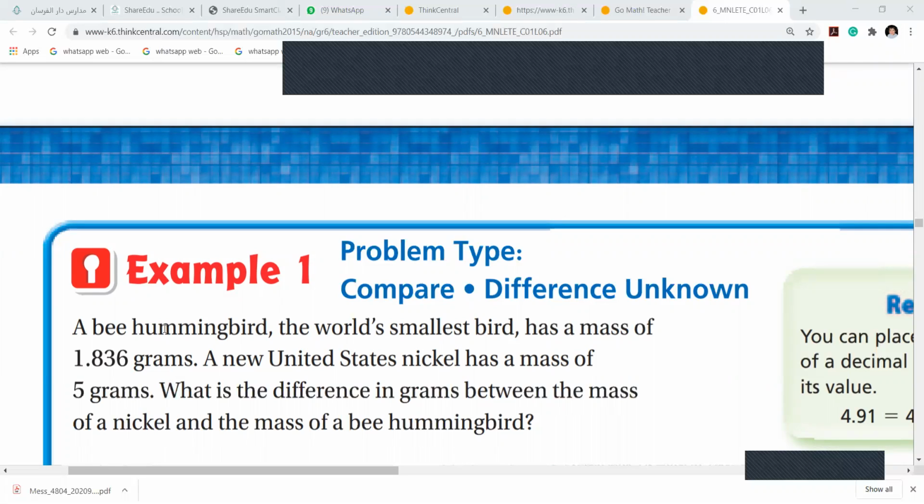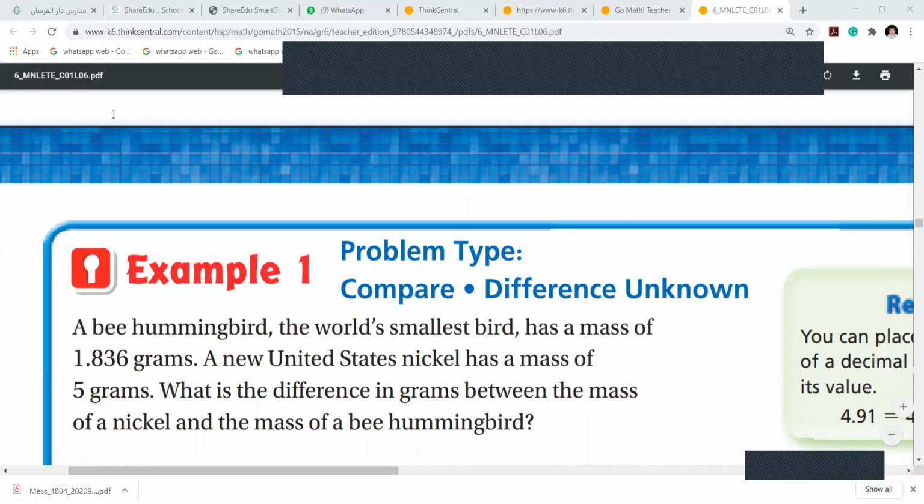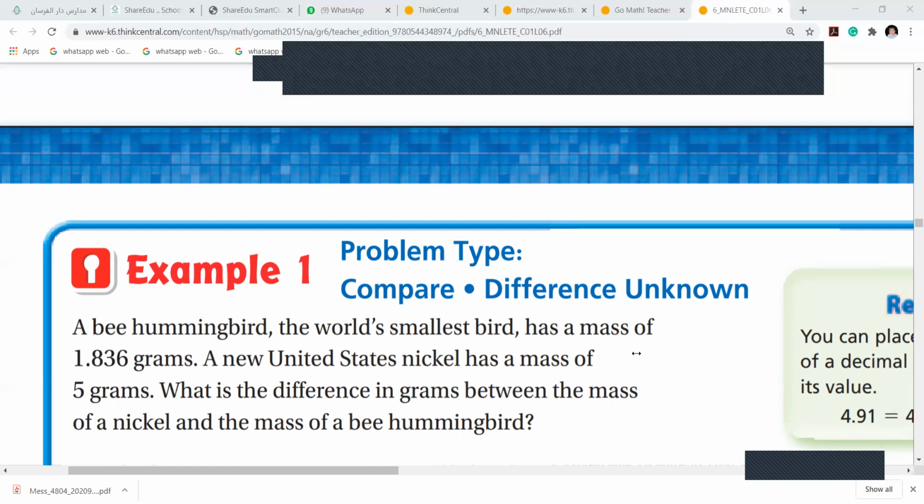What is the difference? When they say difference, what are you going to do, Eileen? You're going to minus. When you compare, 5 is bigger, so first I'll write 5.